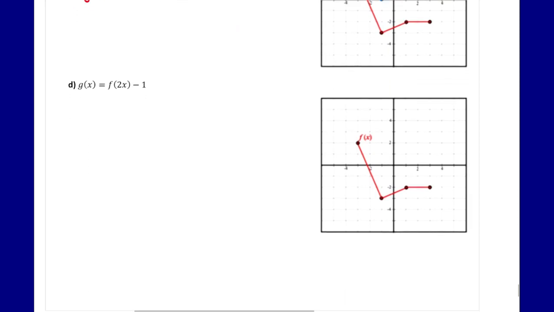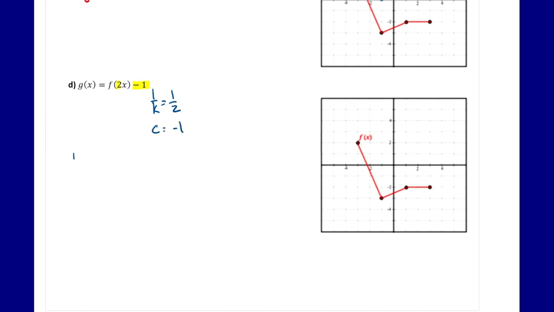Now when we get the horizontal stretch or compression and the vertical stretch or compression, that's where it gets tricky. So I have 2 transformations here. I have a k value, or I guess technically a 1 over k, which is 1 over 2. And I have a c value of -1.